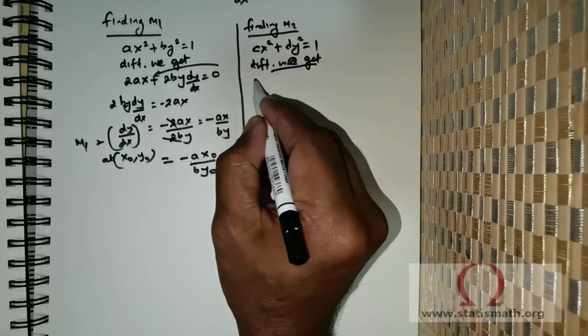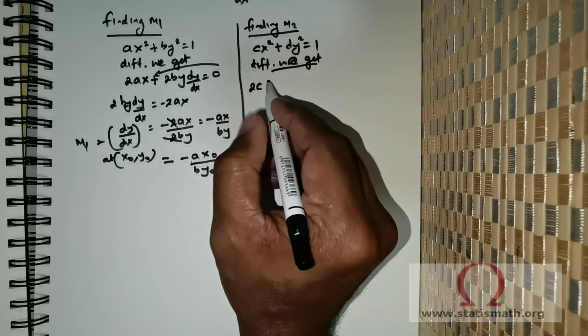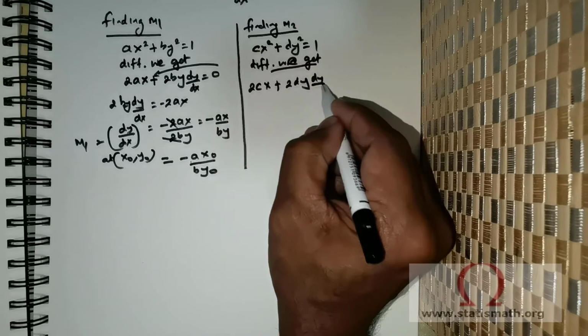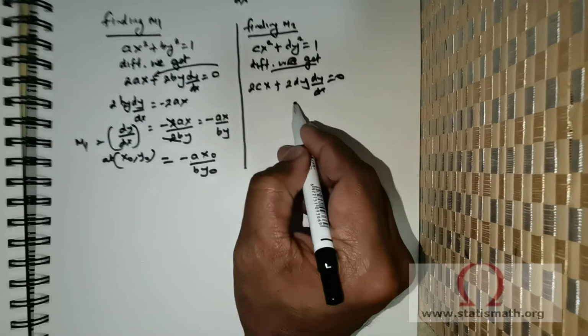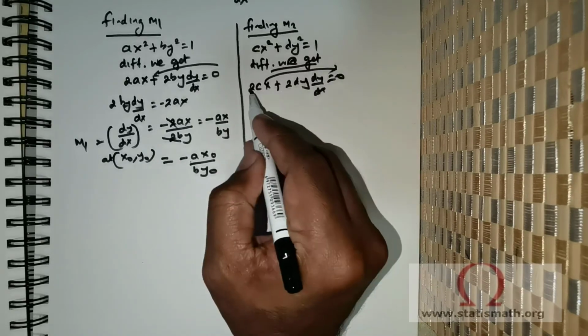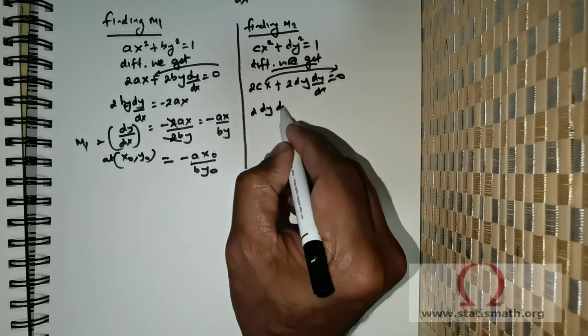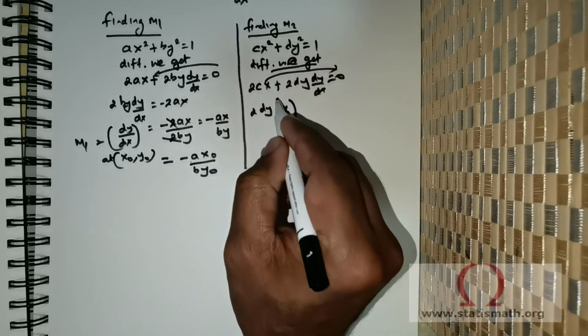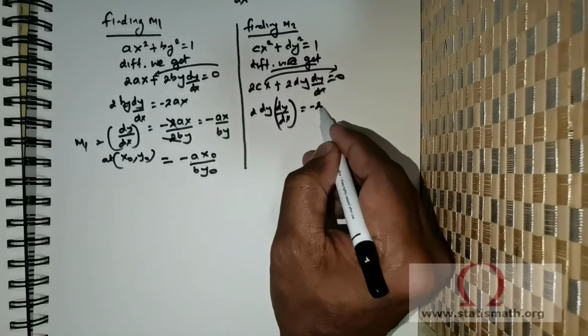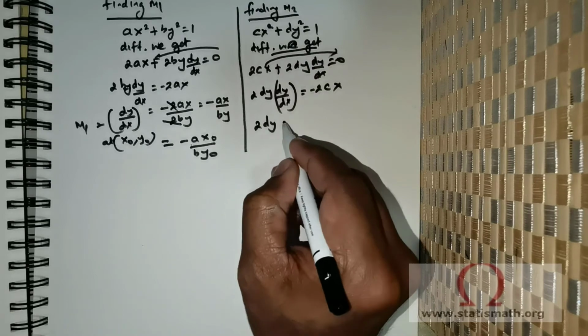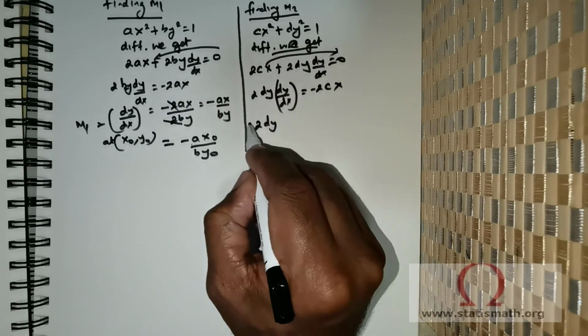This is 2cx + 2dy dy/dx = 0. I move the 2cx to the right side. So that's going to be 2dy dy/dx, the differential part, is equal to −2cx.